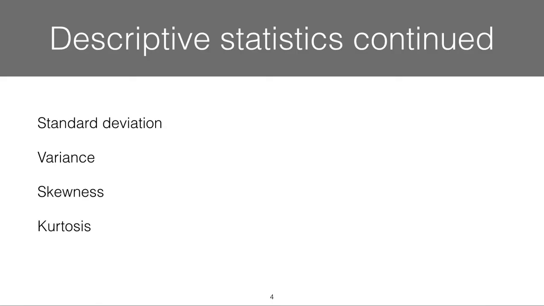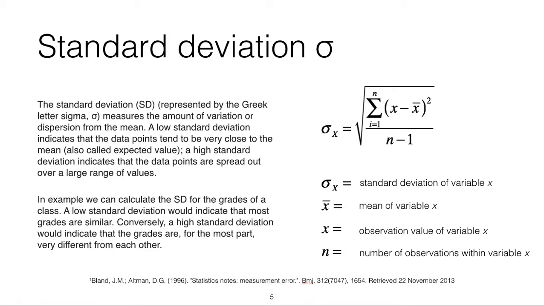So, descriptive statistics continued. We will learn this week standard deviation, variance, skewness, and kurtosis. Standard deviation, denoted by the letter sigma, measures the amount of variation or dispersion from the mean.